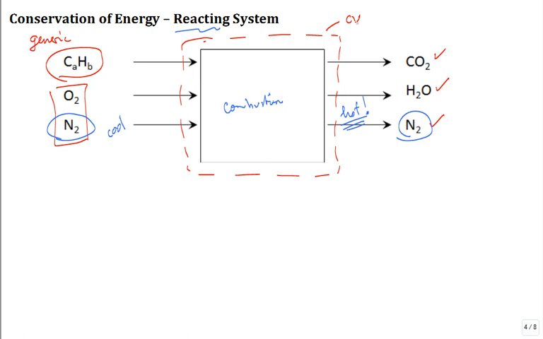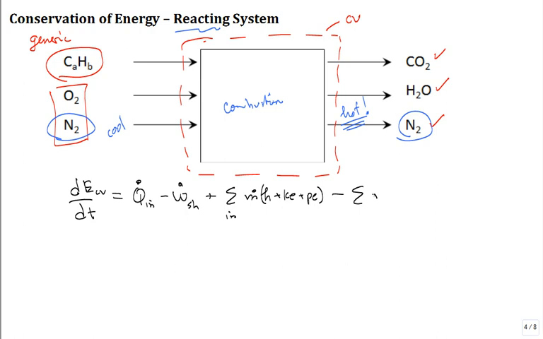So maybe I start and say the most general form of the conservation of energy equation for a control volume is the rate of change of energy in that control volume with respect to time is equal to the rate at which it flows in with heat minus the rate it flows out with shaft work plus the rate it flows in with some enthalpy and kinetic energy and potential energy. These are all coming in. And then we have the mass flow rates times the enthalpy and the kinetic energy and the potential energy all flowing out.